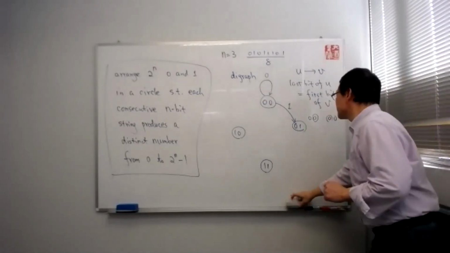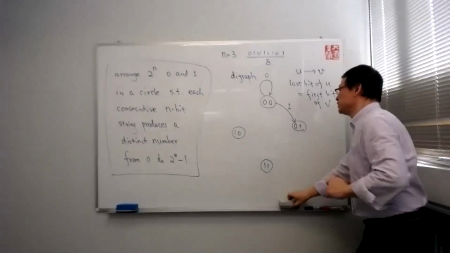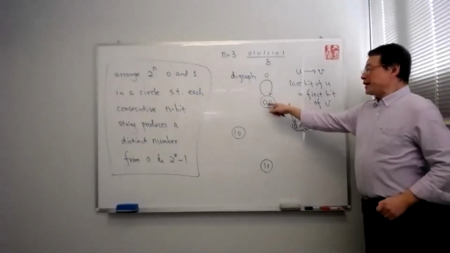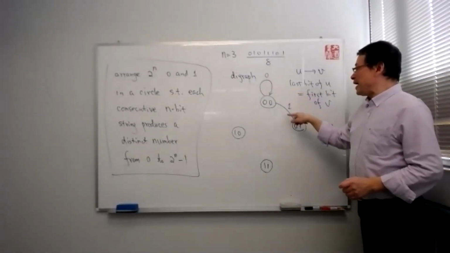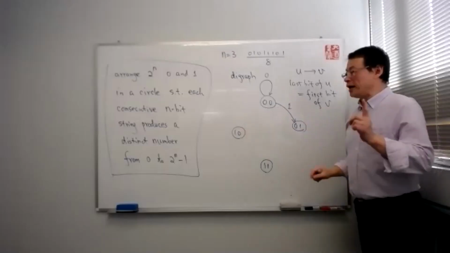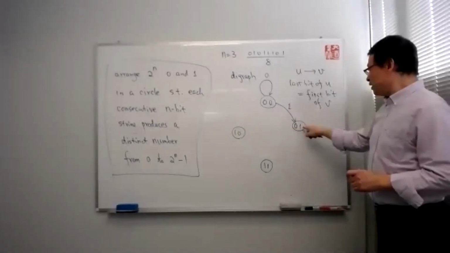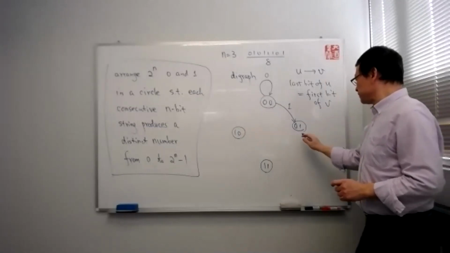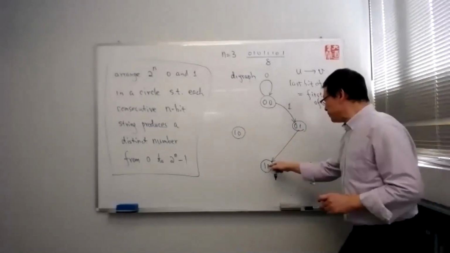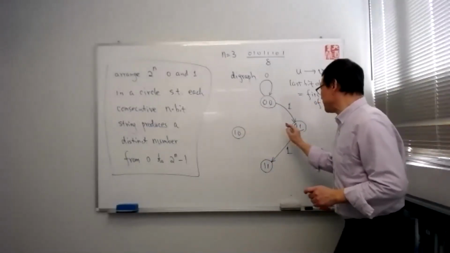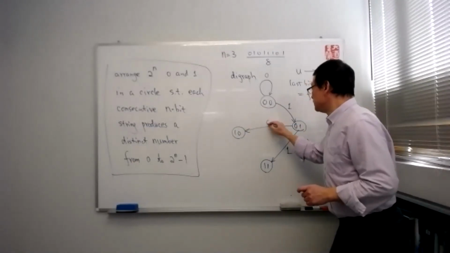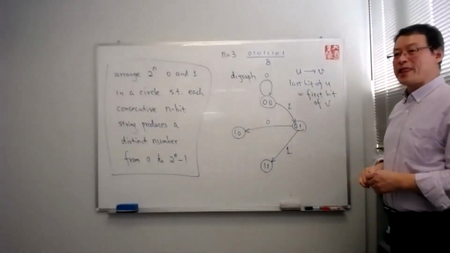All right. So we construct a diagram in this fashion. This one has only 2 edges going out because these two start with 1. So only goes here. The other one will go to this one and this one. This one will be labeled by 1, this one labeled by 0, if the last one is 0.